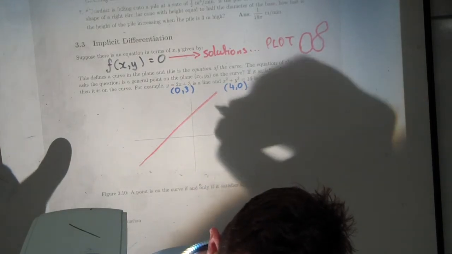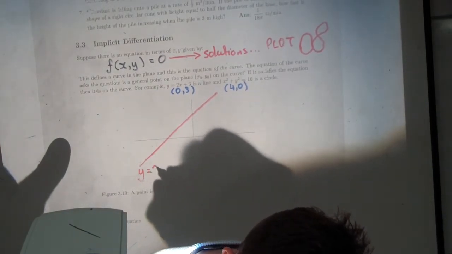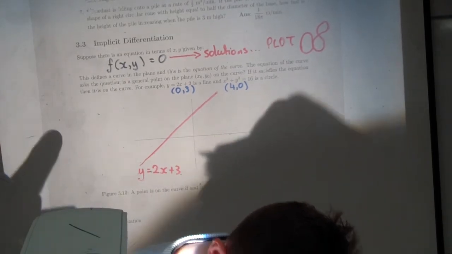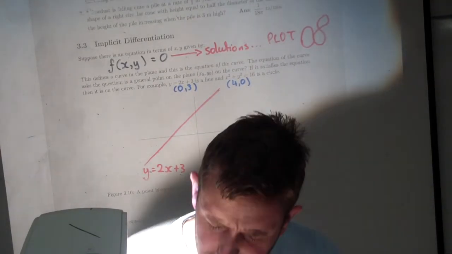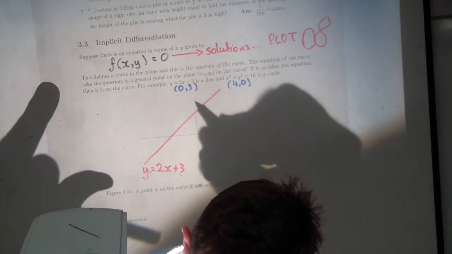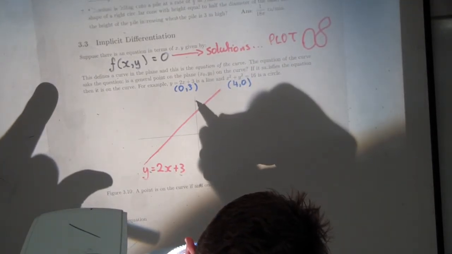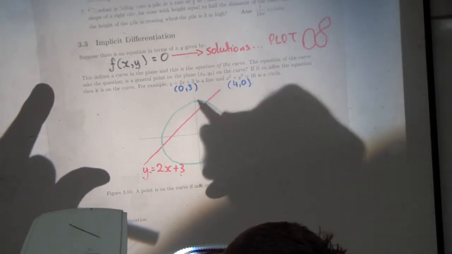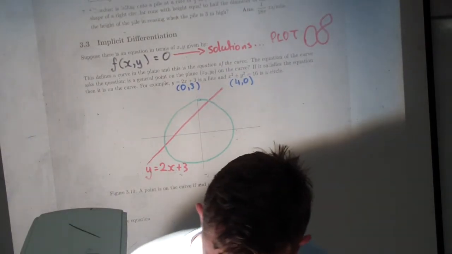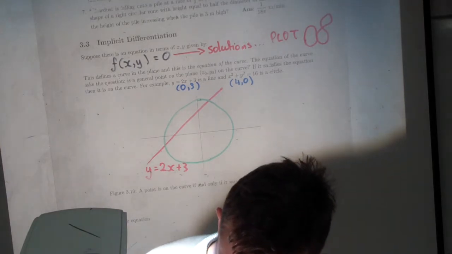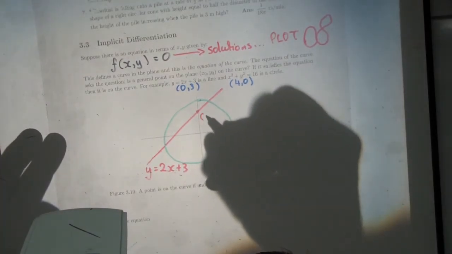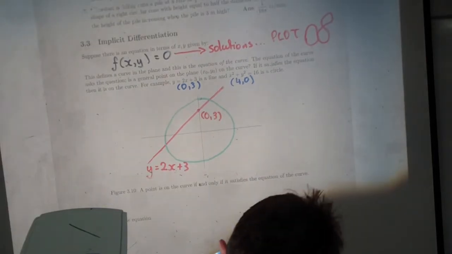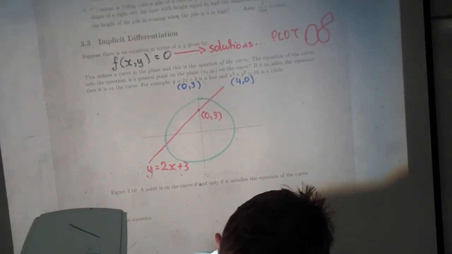If you plot all the solutions, it looks like this. And the other one, x squared plus y squared equal to 16, you can show that it is a circle of radius 4. So we'll just throw 2 points down, 0, 3, and 4, 0.